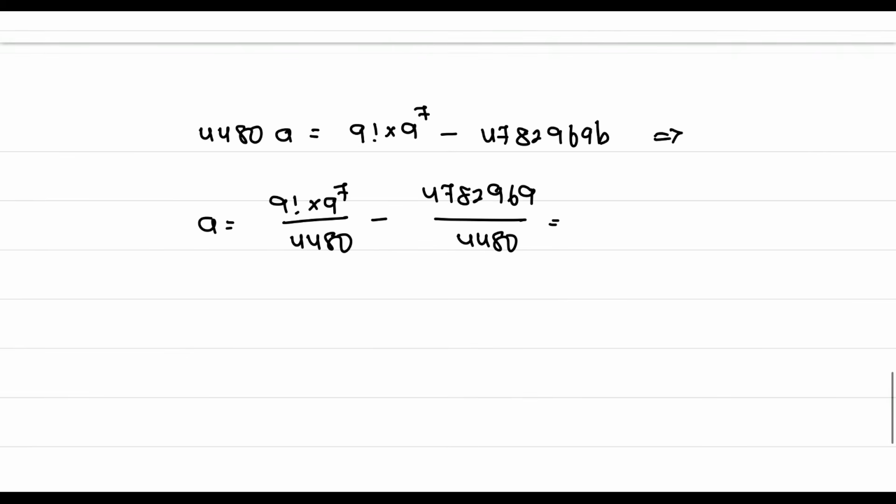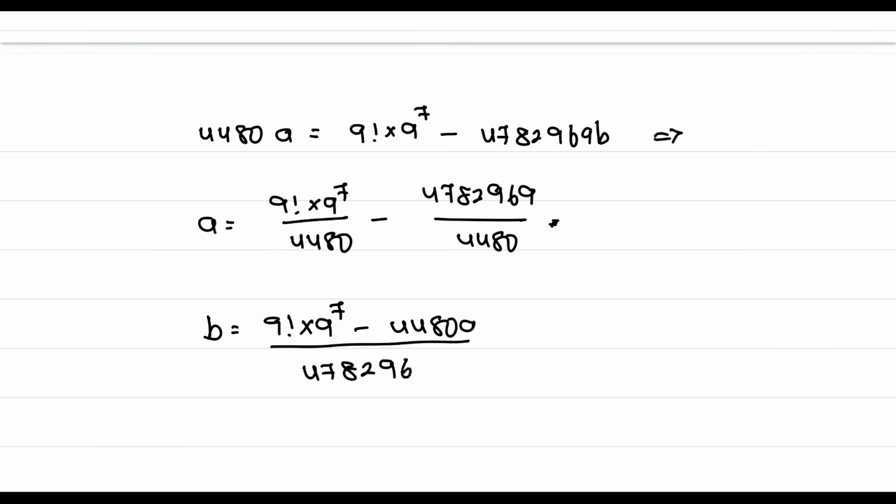Similarly, B can be written as 9 factorial into 9 to the power of 7 minus 4480A, whole divided by 4782969.